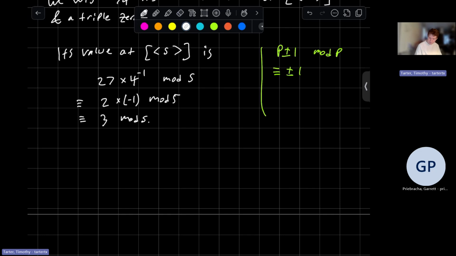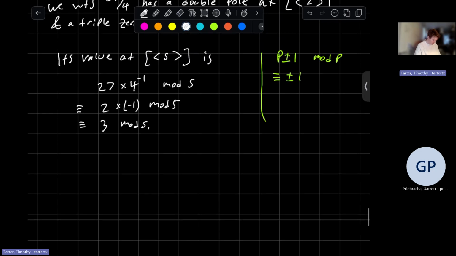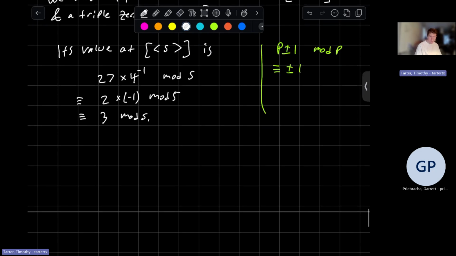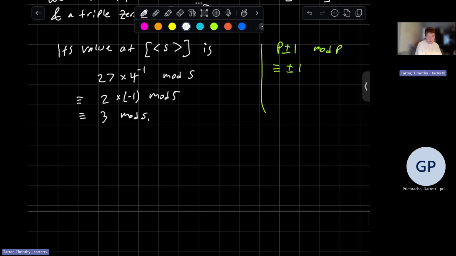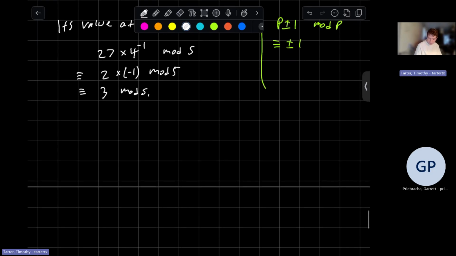If this does not make sense, please ask, because modular arithmetic is weird until you see it once, and then it's like, oh, that was easy.